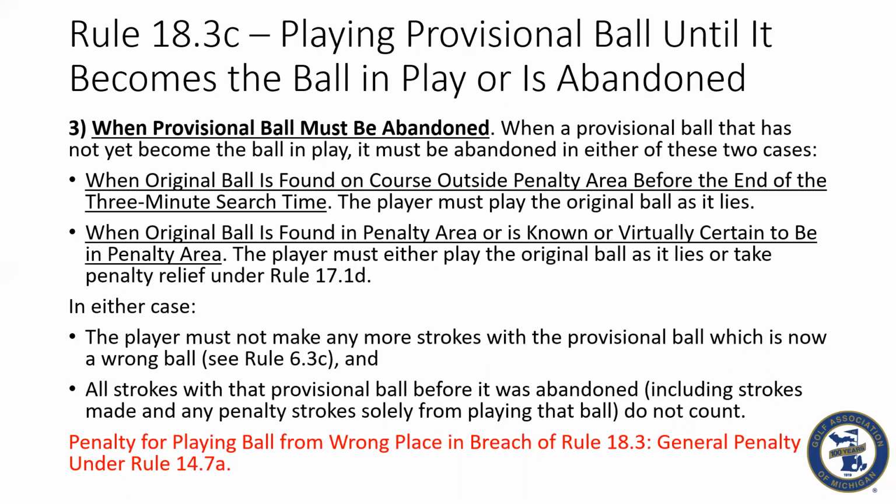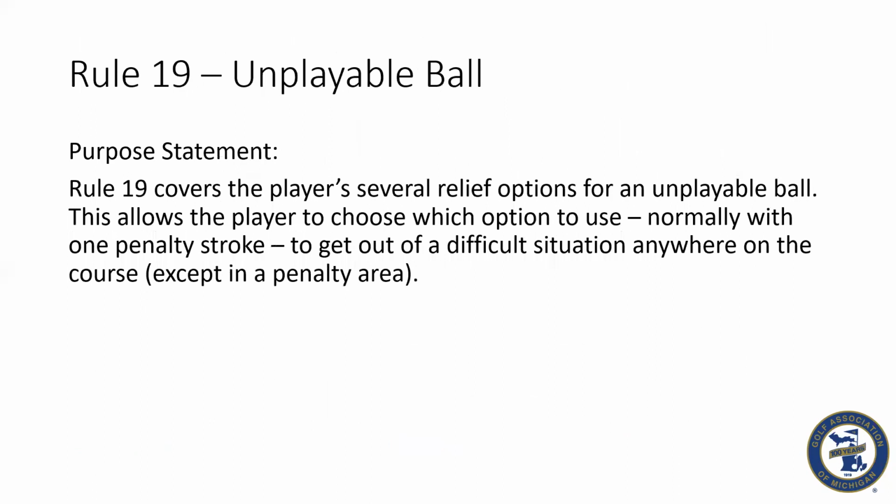But that's when you draw your T bar and you count your strokes and your penalty strokes to get to that number. And when the player does play from the wrong place or plays the wrong ball, that's going to be a two-stroke penalty there. Unless it's a serious breach.